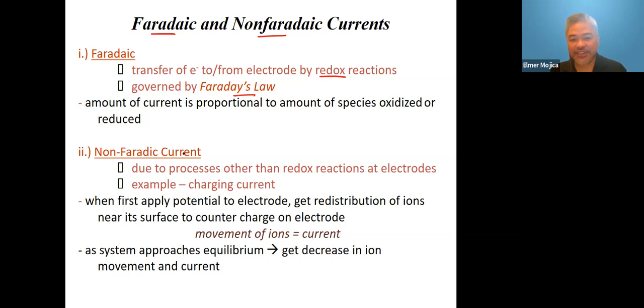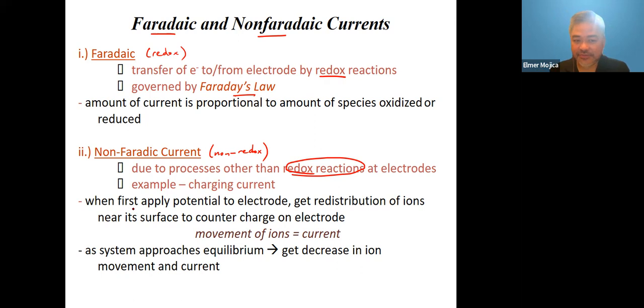Now, the non-Faraday current, so these are due to other processes aside from the redox. So we could say this is all redox. This is non-redox. Okay? Example dito yung charging current natin.